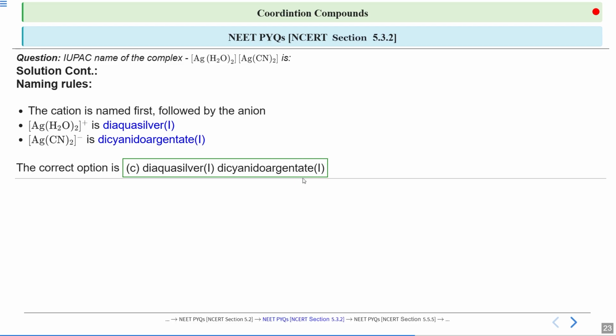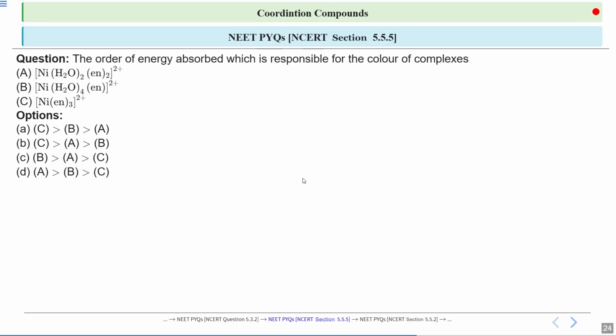Okay, let's move to our next question. So this is a NEET PYQ, and this is covering the NCERT section 5.5.5. The question is, order of the energy absorbed which is responsible for the color of complexes. So we are given these three complexes: A is [Ni(H2O)2(en)2]²⁺.